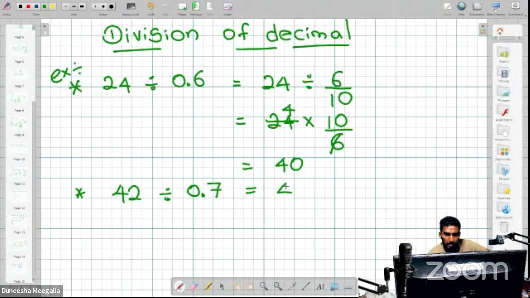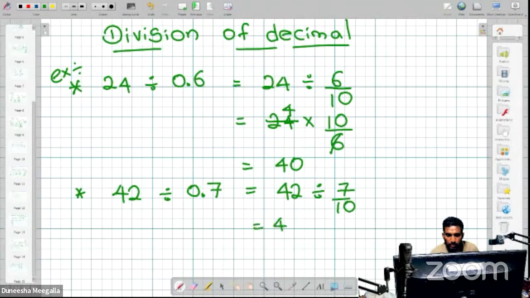42 divided by 0.7. How can we write 0.7 as a fraction? 7/10.